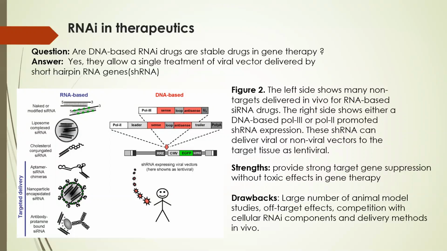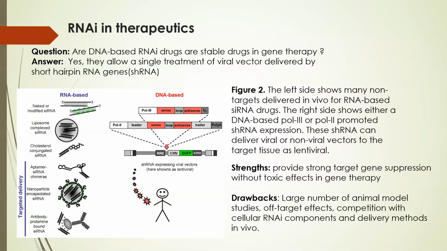For figure 2, as you can see, the left side is the RNA-based drug, which has a variety of targets delivered in vivo, and the right-hand side is the DNA-based drug, and the entire mechanism is regulated by DNA-based polymerase III or polymerase II enzyme, promoting the short hairpin RNA expression.